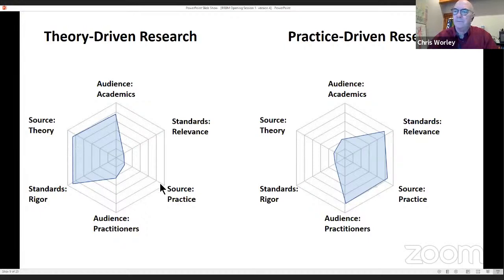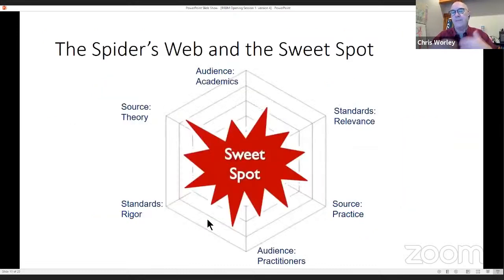So it was pretty clear that these two predominant patterns existed out there. And we said, okay, part of our job now is to think about that sweet spot that Phil described at the beginning. This became one of the main models in the book.